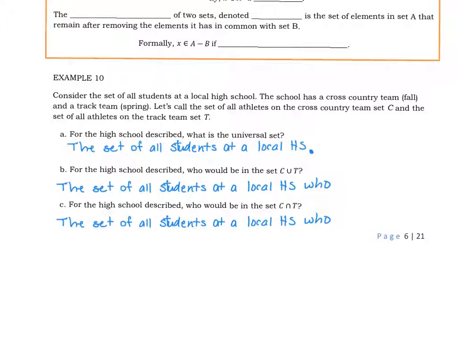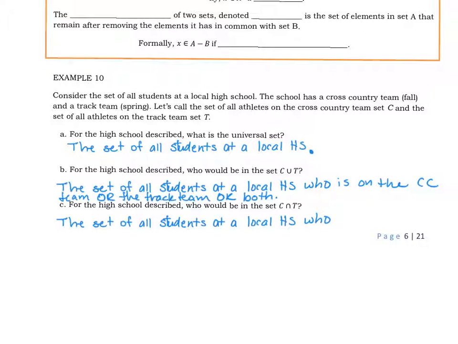So in this case, that would be who is on the cross-country team. And according to the definition, I would have to say or the track team or both. So all I did was just use the definition and then use my particular situation in example 10 to write out my description.